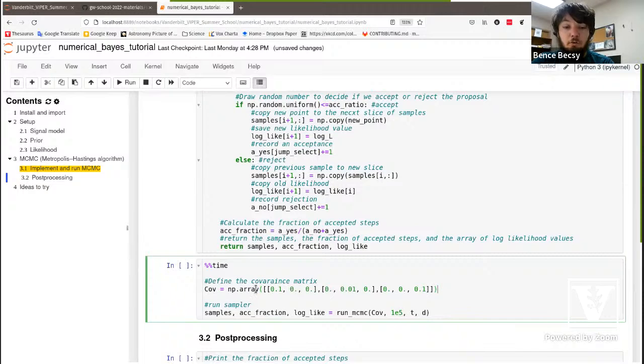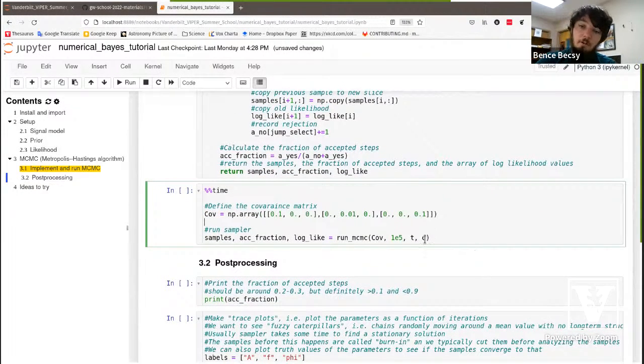So I just do a diagonal covariance matrix, so we will jump in the direction of the parameters. You'll only change one parameter at a time. I put different variances for these different parameters because, as we've seen before, some of these will be more constrained than others. You can play around with choosing different covariance matrices, but I found that this one works fairly well for this problem.